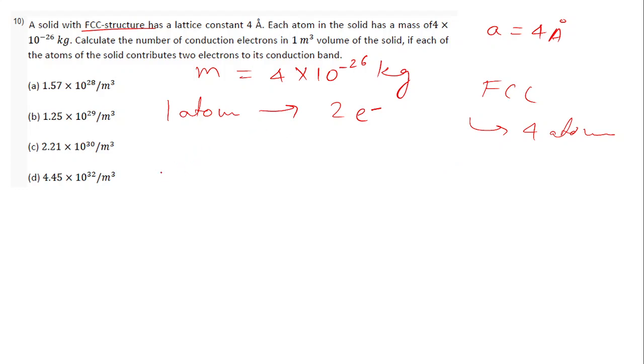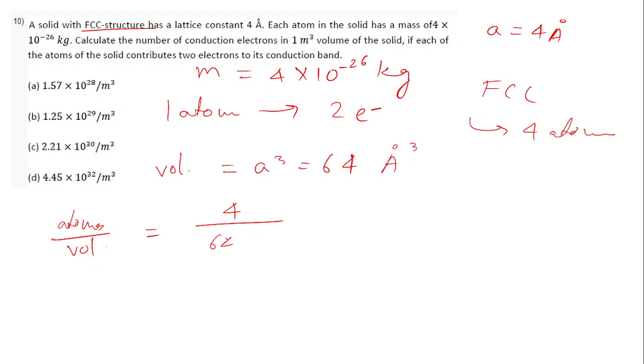Okay, now volume of unit cell will be A cube, means 64 angstrom cube, and so number of atoms per unit volume will be, we have 4 atoms and volume is 64, and because the answer is in SI units, when I change angstrom into meter, it will be 10 to the power minus 30, right?